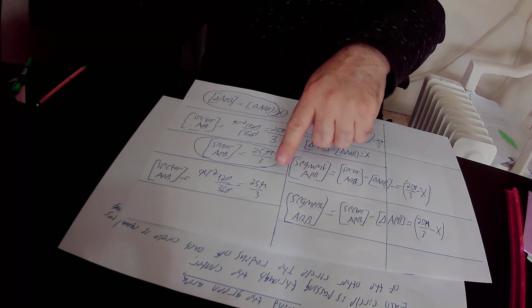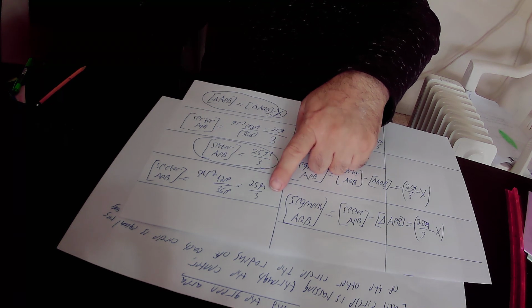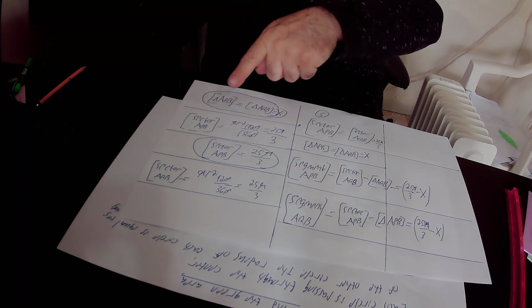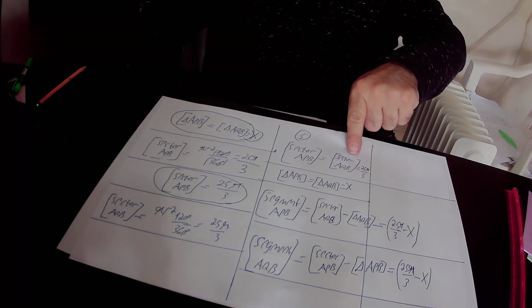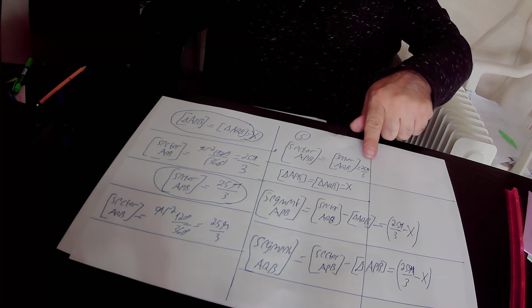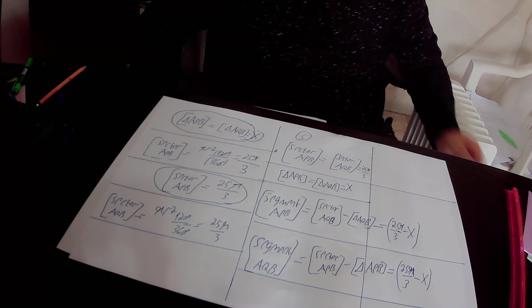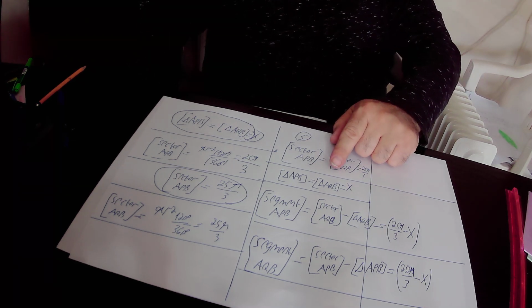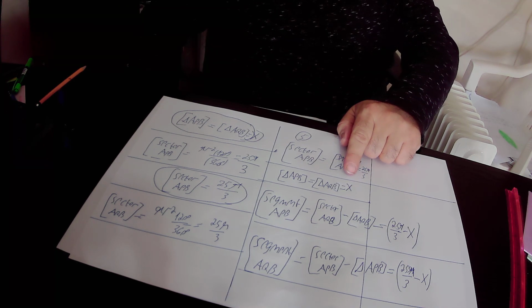Therefore, the area of sector AQB is also equal to 25 pi over 3. So the area of sector APB is equal to the area of sector AQB, and those two areas are equal to 25 pi over 3 square units. And we also found that the area of triangle APB is equal to the area of triangle AQB, and they are equal to X according to our definition.